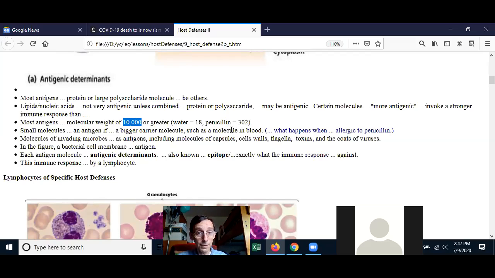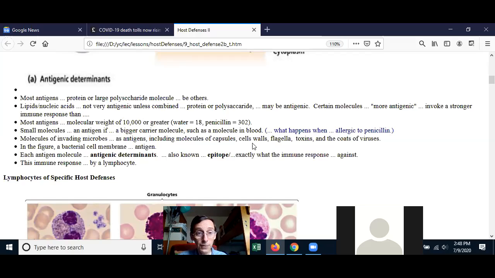The penicillin binds to a larger blood protein, and then the host immune response, meaning the allergy to penicillin, happens because the penicillin is bound to a larger protein in the blood. Is that clear?